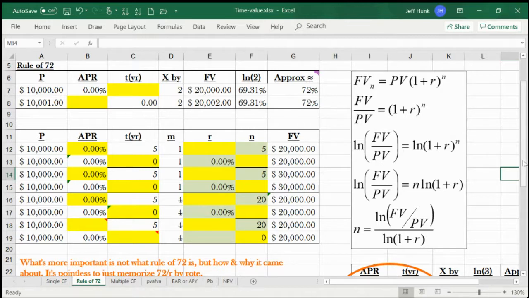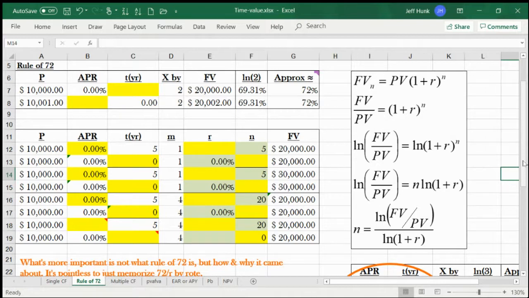But I'm trying to demystify that mysticism about the rule of 72, or whatever they make so much emphasis on in accounting or in books like something for dummies, right?